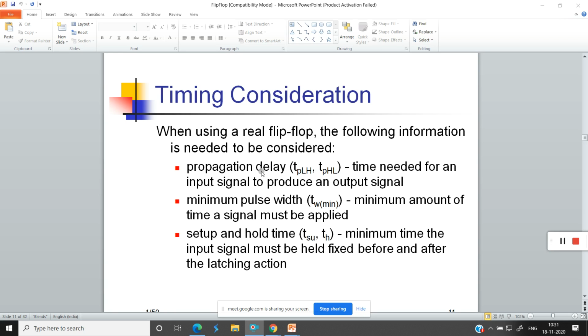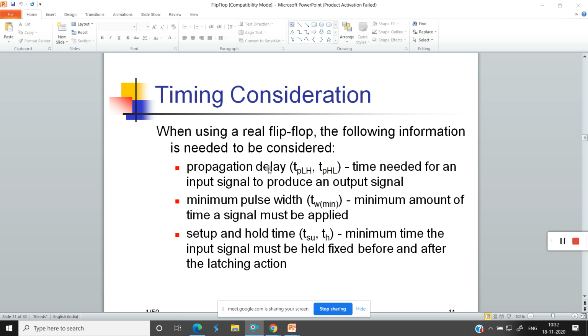Propagation delay. What is the propagation delay? The propagation delay is the time difference between the application of the input and the occurrence of the output. I repeat once again: the time difference between the application of an input and the occurrence of the output is known as propagation delay.